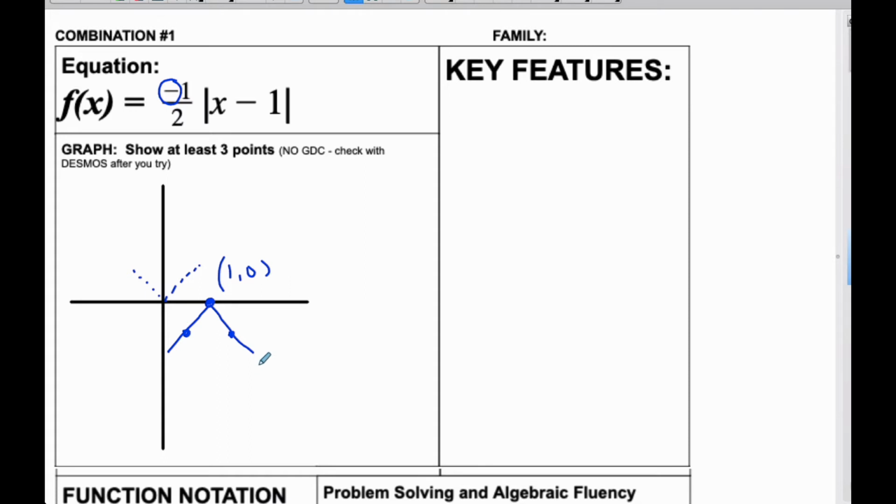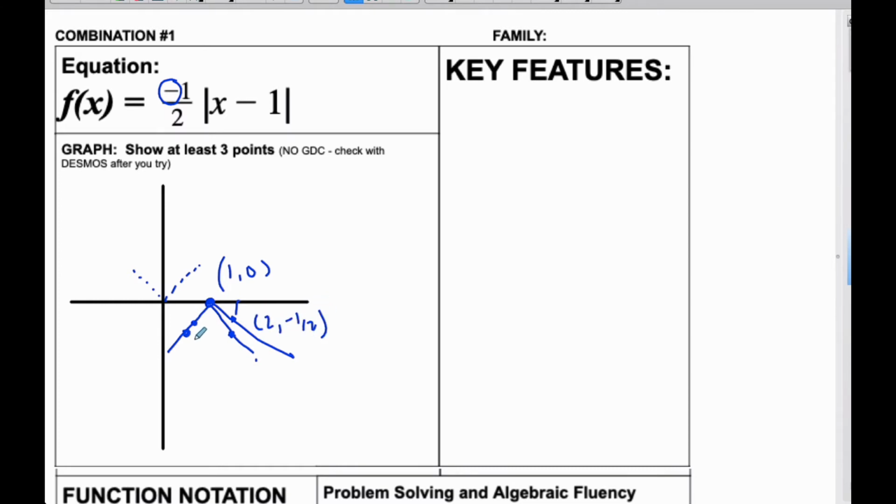But this one, over 1, down 2, is going to go by a factor of half, so it's going to be here, going half as much.